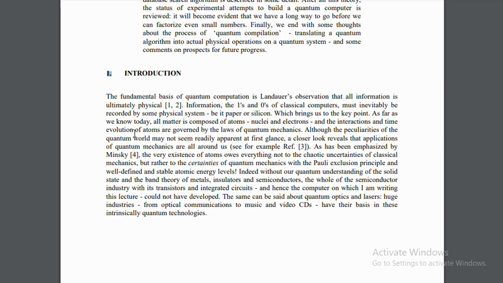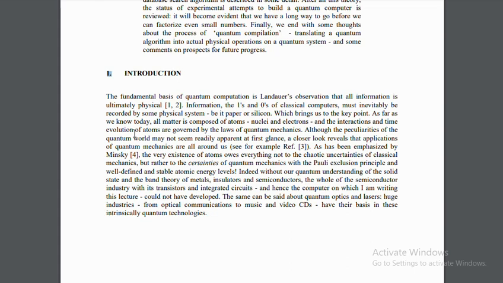For example, as has been emphasized by Minsky, the very existence of atoms owes everything not to the chaotic uncertainties of classical mechanics but rather to the certainty of quantum mechanics, with the Pauli exclusion principle and well defined and stable atomic energy levels.